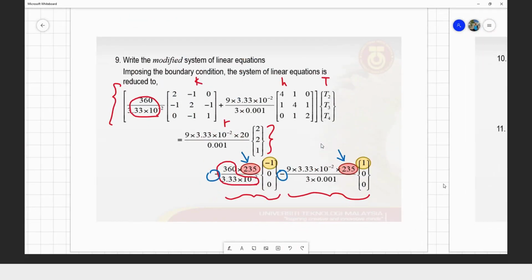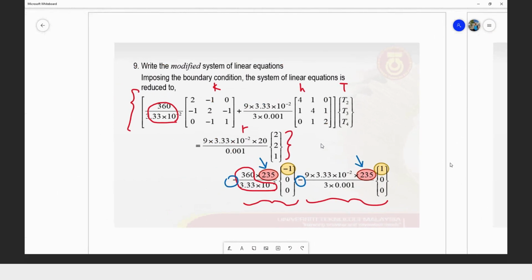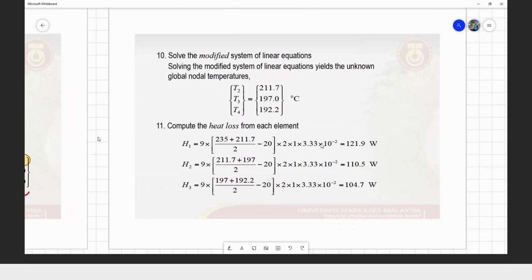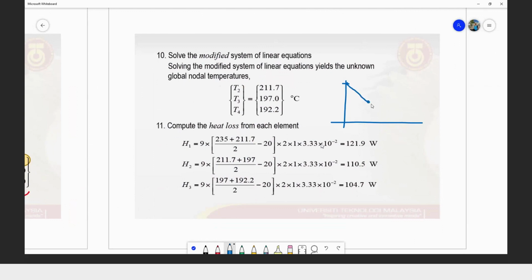So when you have done this, actually you rearrange and simplify this equation so that you can solve the system of linear equations to obtain the unknown. So this is the unknown. If you solve the system of linear equations, then you can plot the temperatures: 235, 211, 197, 192.